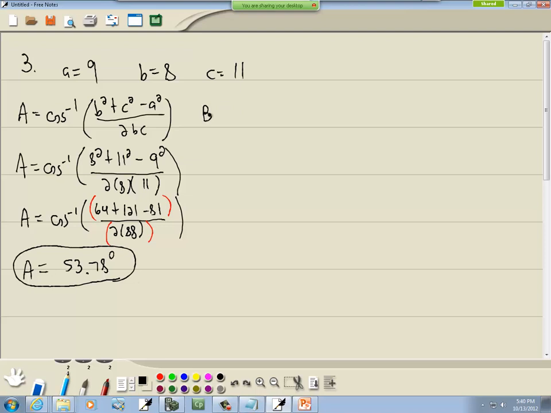Okay, so let's find B now. And again, we'll use our formula, inverse cosine of A squared plus C squared minus B squared over 2AC.